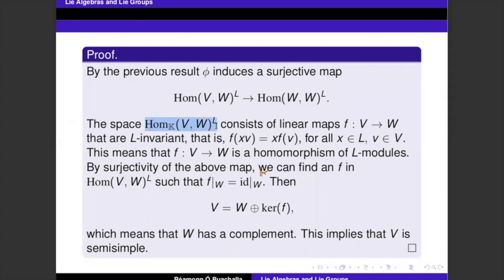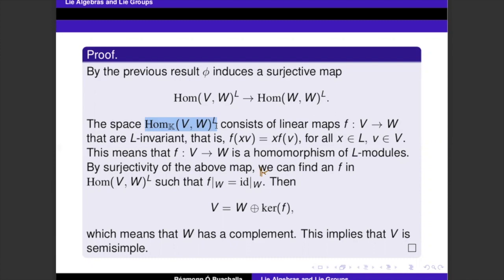In general, we know what it is: it's all of those elements inside Hom(V,W) that are killed by every element of L. But what does that actually mean in this specific case, where we have a concrete description of this module? Well, it's actually going to be all of those elements, F from V to W, that are L invariant.